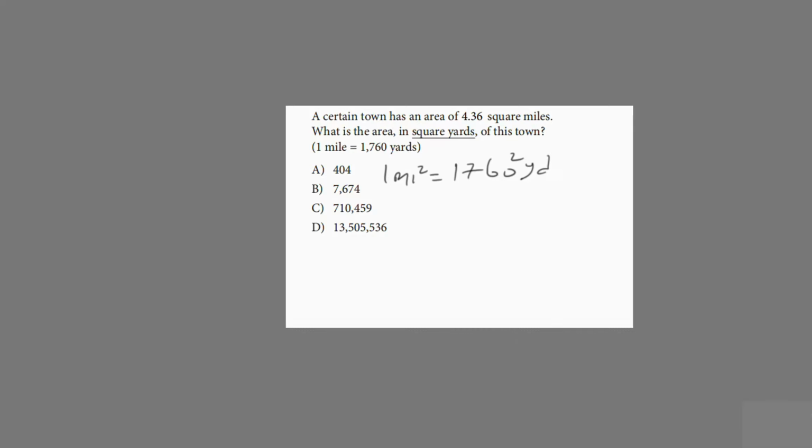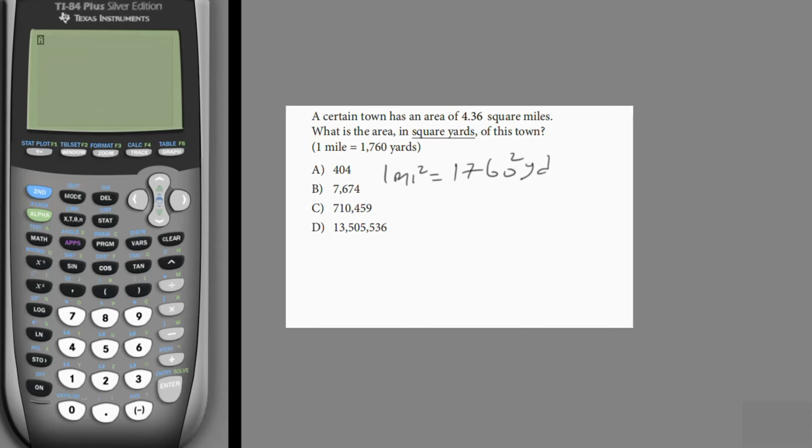Okay, so let's use a calculator and see the output it is going to give us. Alright, so we have 1,760 square, so we have it to be 3,097,600.